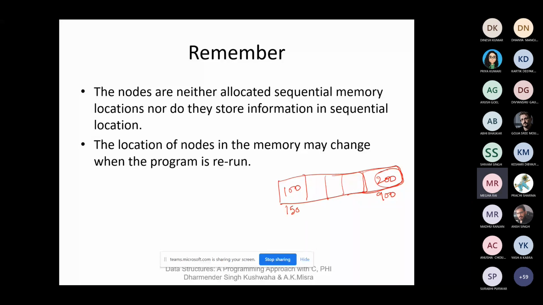So when you access this one node, using the link representation it can access this next node. After this, there is the element 300, which is stored at address 250.